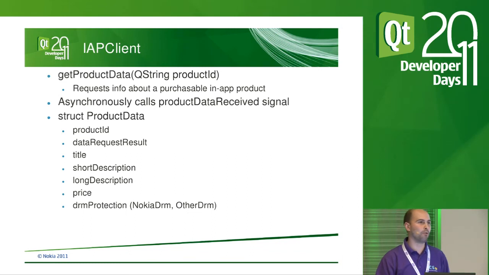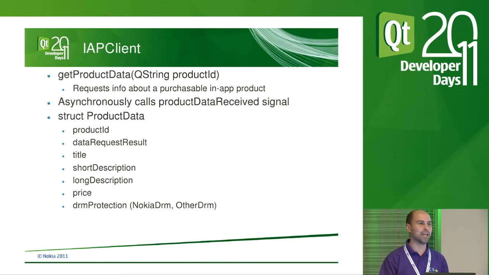So basically, for getting the feature set that can be purchased for your own product, you can use this function, very simple, called getProductData. And this is going to asynchronously call back to the Ovi servers, and you are going to wait for the product data received signal. And then you'll be able to get what you've already registered for what the user can buy.